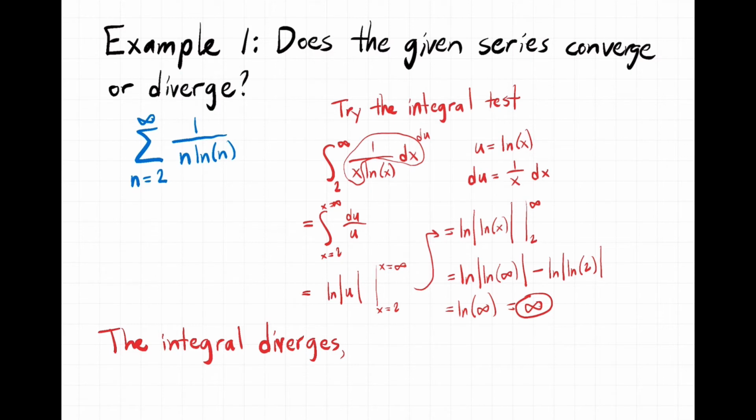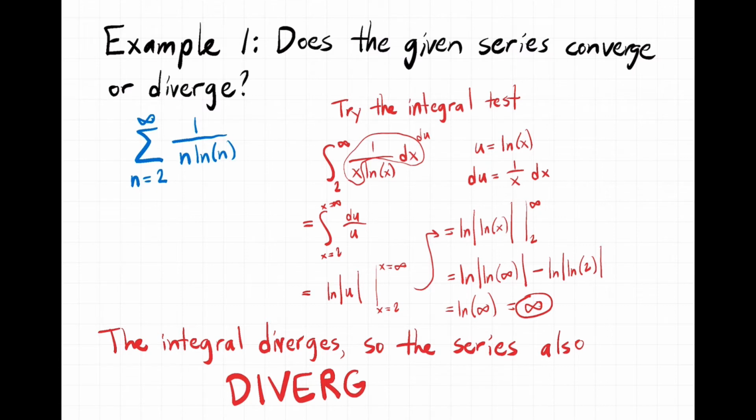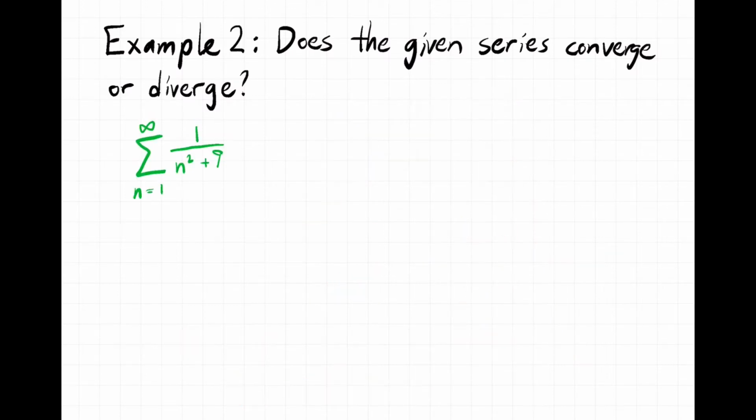The series also diverges. And that's our answer. This series, the sum as n goes from 2 to infinity of 1 over n times the natural log of n, diverges. And we're done.